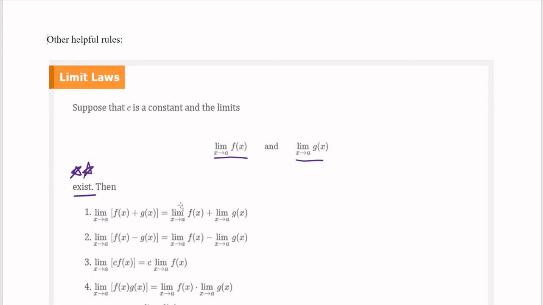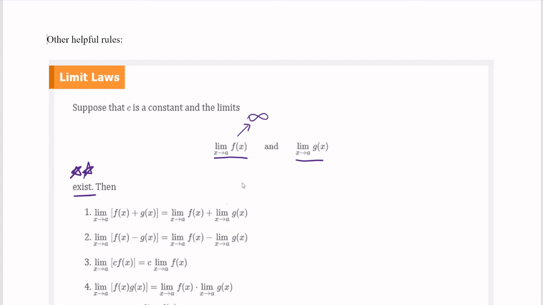So what's a very common case where this is not true? If one of these separately goes to something like infinity, right? That does not exist. We still write infinity because it's useful to know that the function is just getting bigger and bigger and bigger as we get closer to a, but it still doesn't exist.